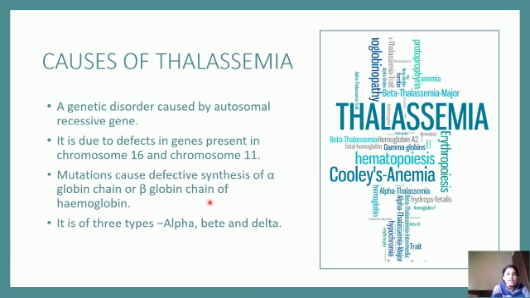So mutations occur in those globin chains, and the defective synthesis from those globin chains causes thalassemia. Clear? Thalassemia is of 3 types: alpha, beta and delta.